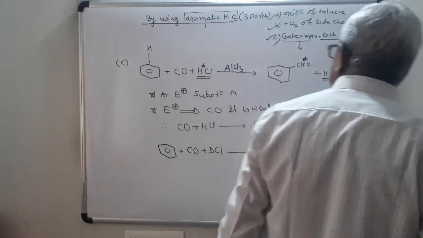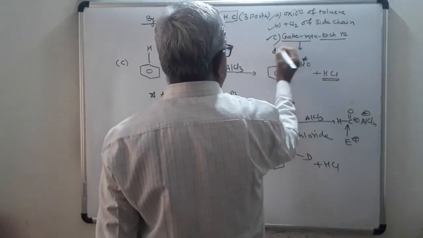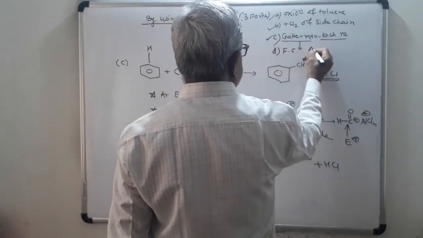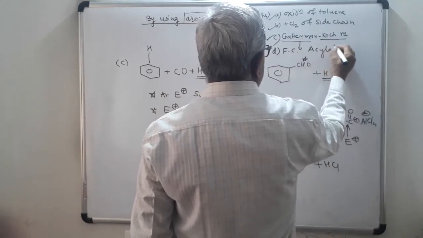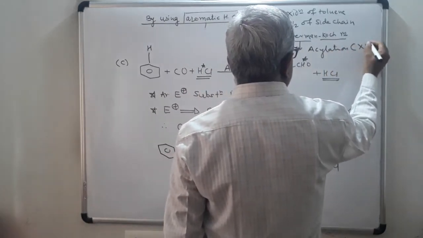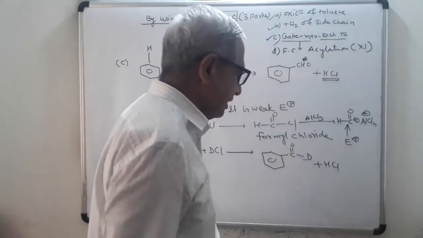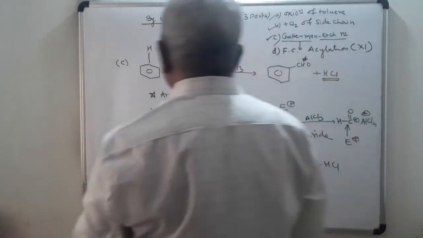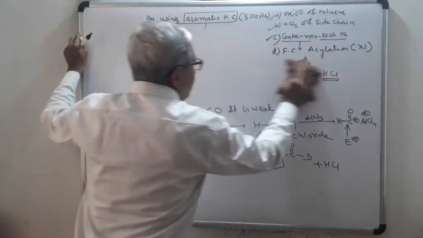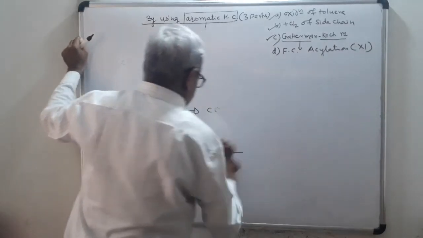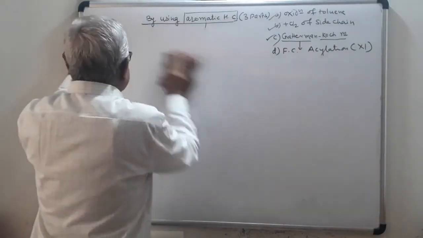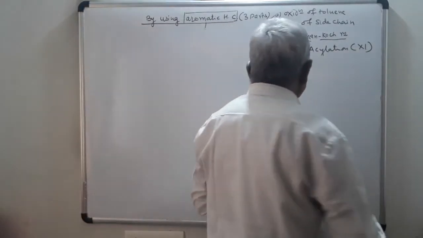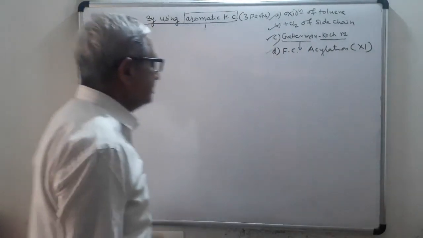Now see the D part here. D part is Friedel-Crafts acylation. We learned this reaction in the 11th standard, Friedel-Crafts alkylation and Friedel-Crafts acylation. And see the explanation of part D now. Part D, Friedel-Crafts acylation.